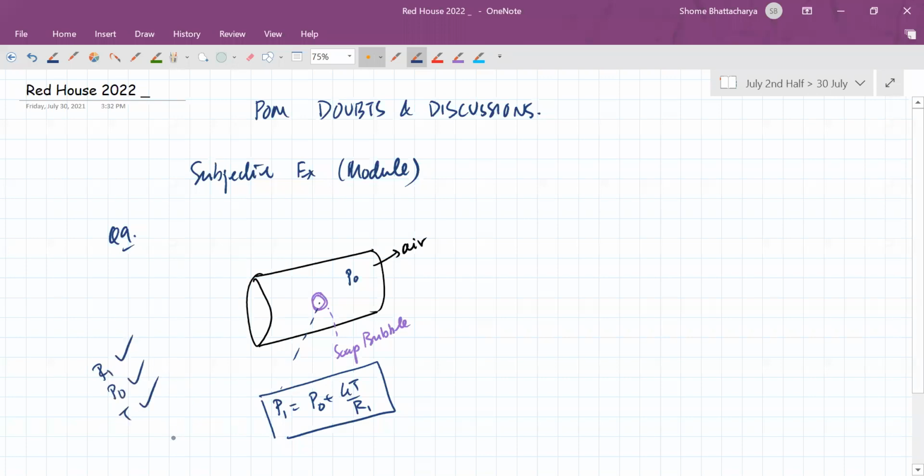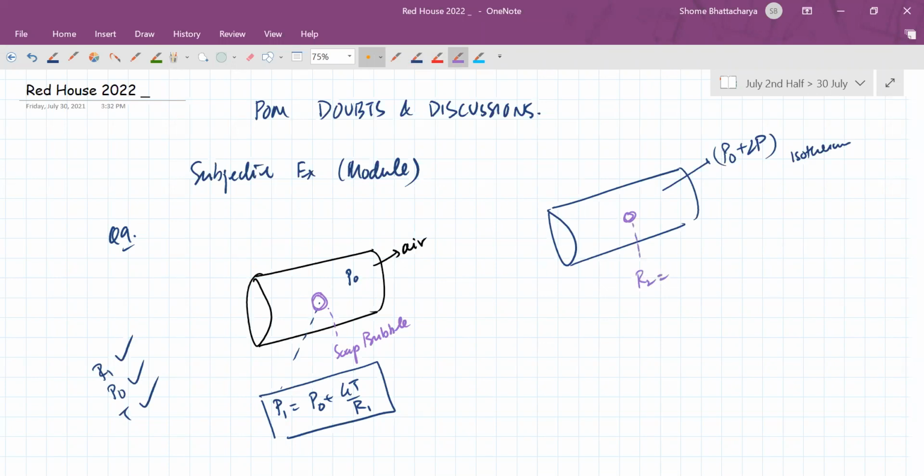Surface tension of soap solution is given to us. Next, the pressure of the air is changed to P naught plus some delta P isothermally. So the radius of the soap bubble should become half. Is it?